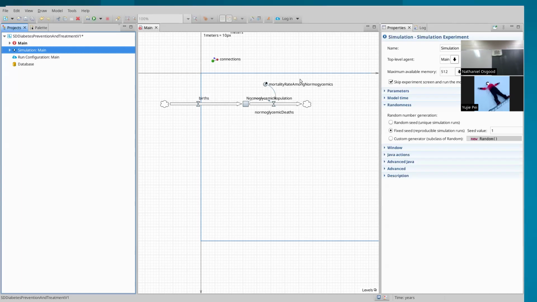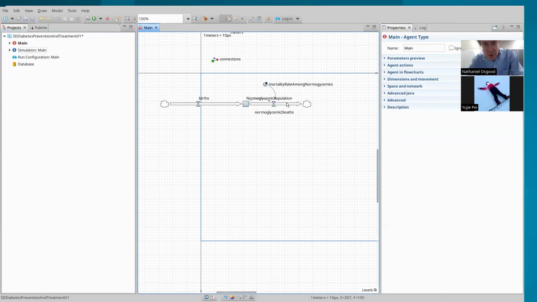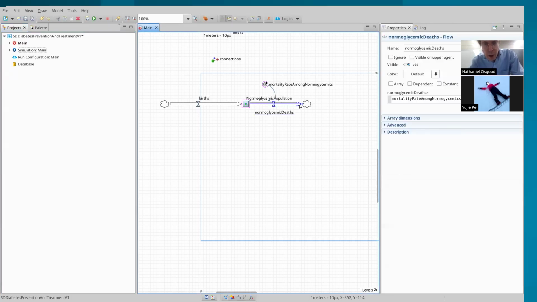Okay. So we are now going to bend this flow to our will below this stock. We're going to drag it down there, and with it will come its flow.